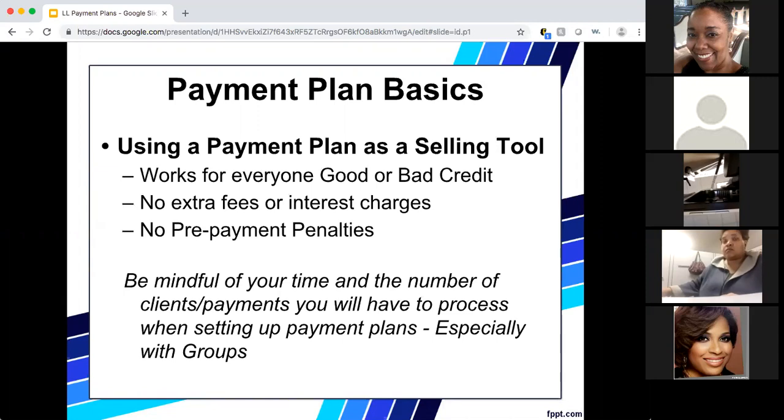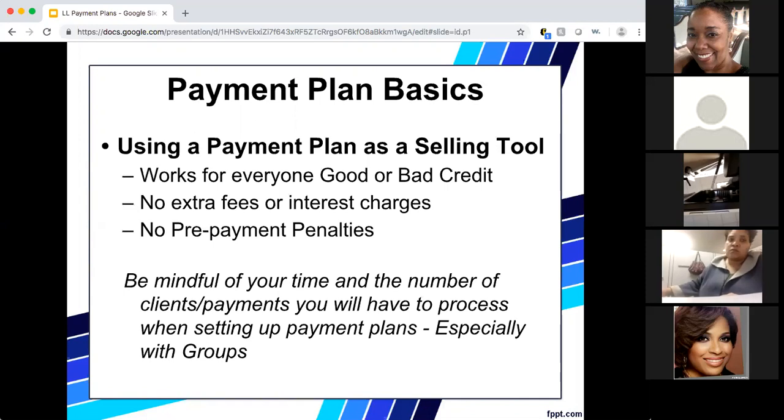Setting up a payment plan can be really easy, but it's going to require management. So as the travel professional, you also create that situation with your client where they're trusting that you're going to take care of everything for them. So that means sending out to them the credit card authorization forms and all of the things that you need, communicating clearly to them when you need it back, and then being able to send back those receipts to them.